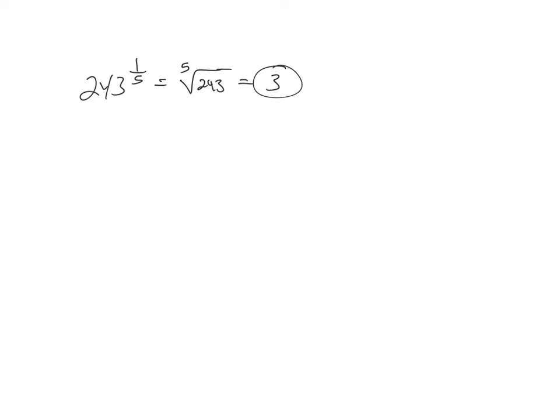So just remember that if you have a negative number with an even root, you can't do it. And so the answer, what they say, is not a real number. You can technically do that using stuff called imaginary numbers, but we're not going to do that in this class.